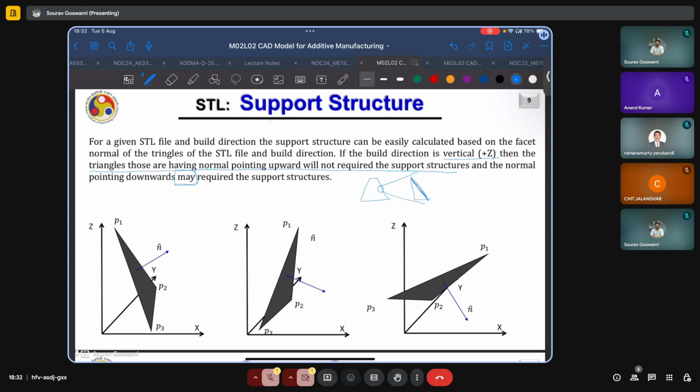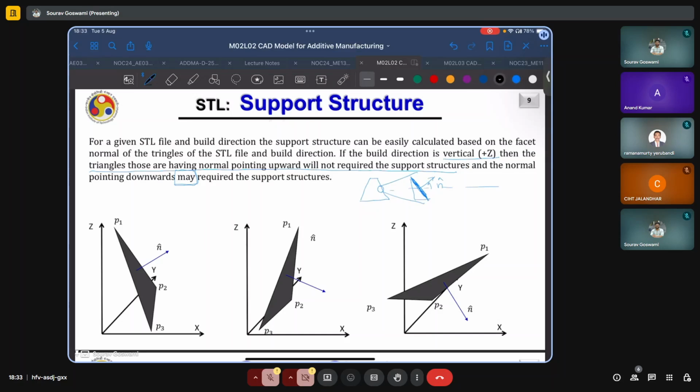Mostly the triangle will be in the plane only. It will be flat, and clearly you can see that the normal to this surface will have a direction like this. It is making a positive angle with the horizontal, or it is simply pointing upwards.